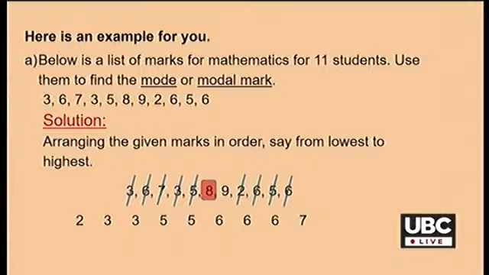What is the next number from 7 that we have in our marks? We have 8. So our last number is 9. We have arranged our marks in order of size. And this is called ascending order, from the lowest to the highest.